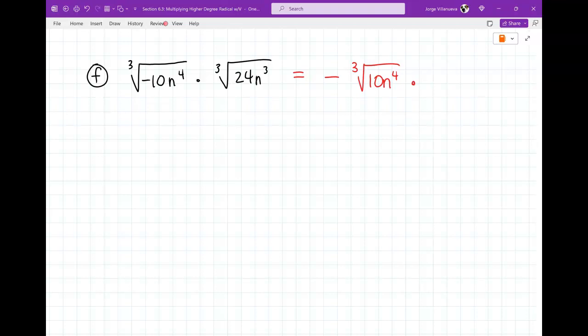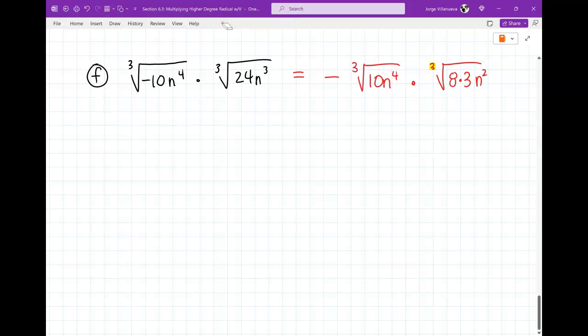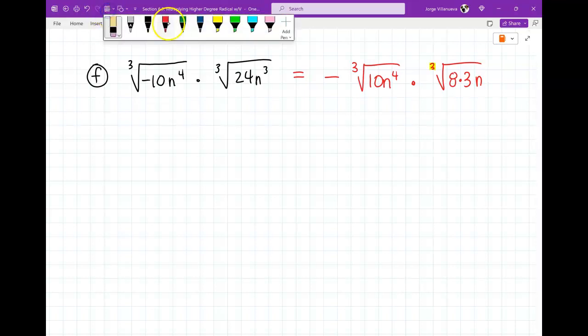Now, as for the other one, can I break down 24 into something that has a cubed root? It's an 8, right? I can take out an 8, so let me write 8 times 3. And then this n cubed, I'm going to highlight it right now. Oops, I put a 2. I don't know why I did that.